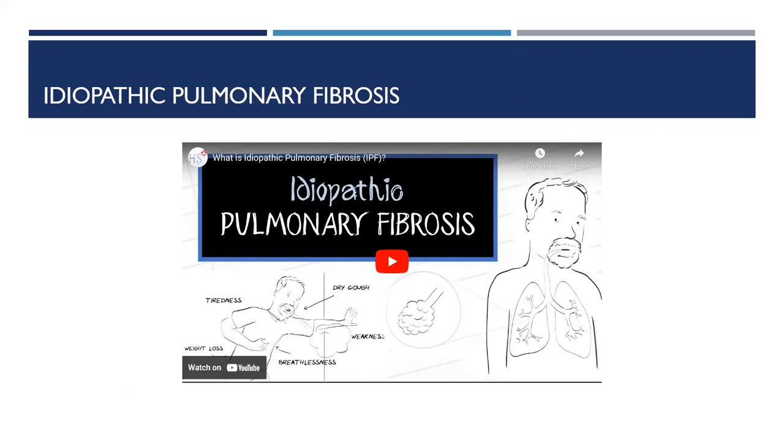We have a thickening within the lungs, so the lungs are not as compliant as they should be. As a result of that, our patient's going to have a dry cough. They're going to have shortness of breath. It's a whole lot of work to be able to breathe, so they're going to have weight loss as well, and they're going to be exhausted all the time, just simply due to the work that's required to be able to breathe.